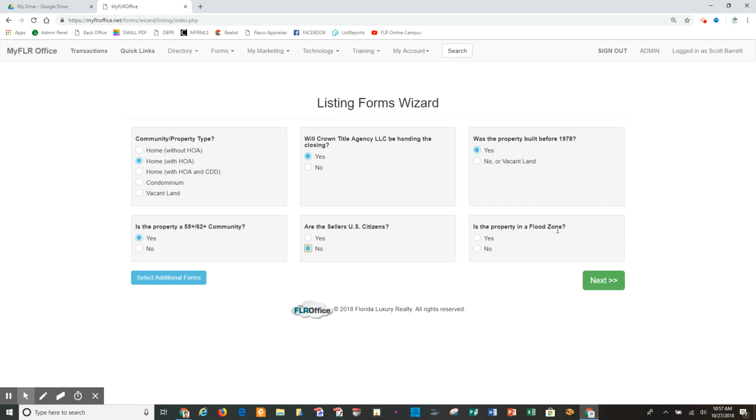Is the property in a flood zone? Yes or no? Again, I'm going to say yes because I want to show you the disclosures it gives.